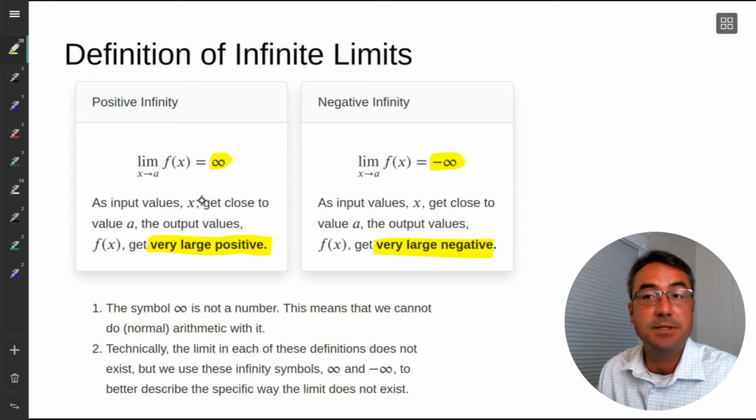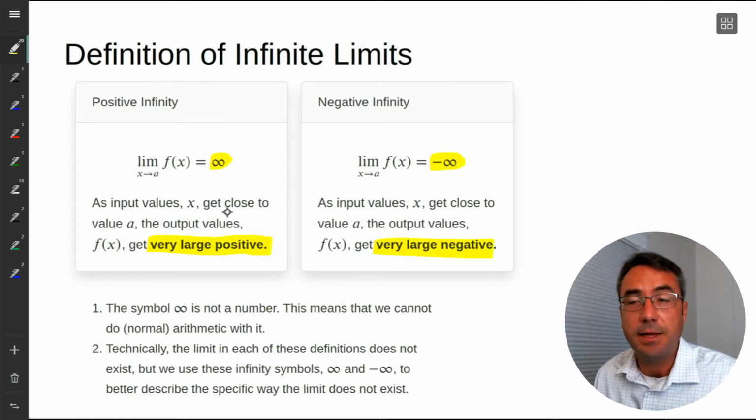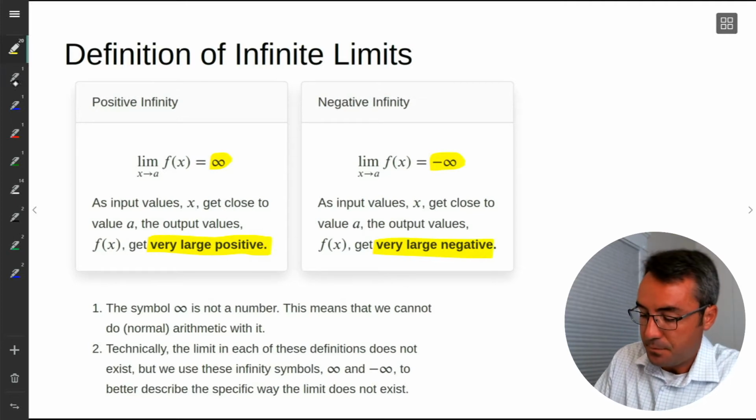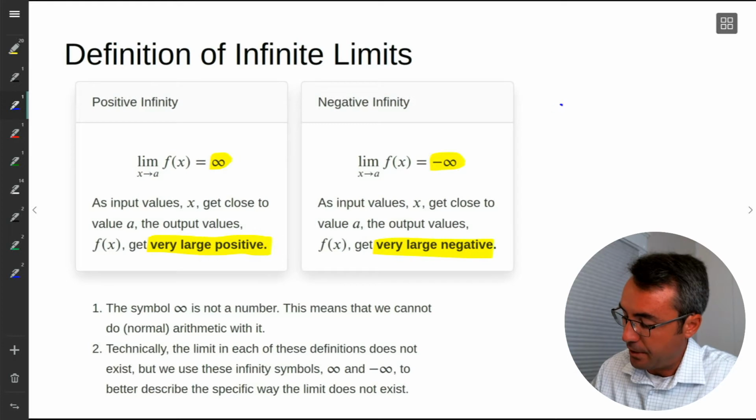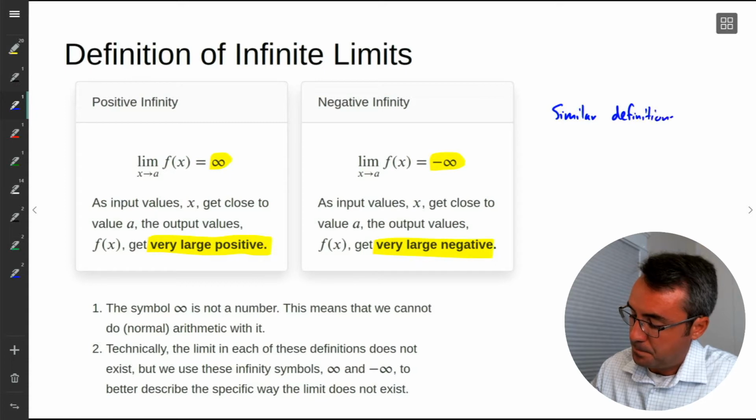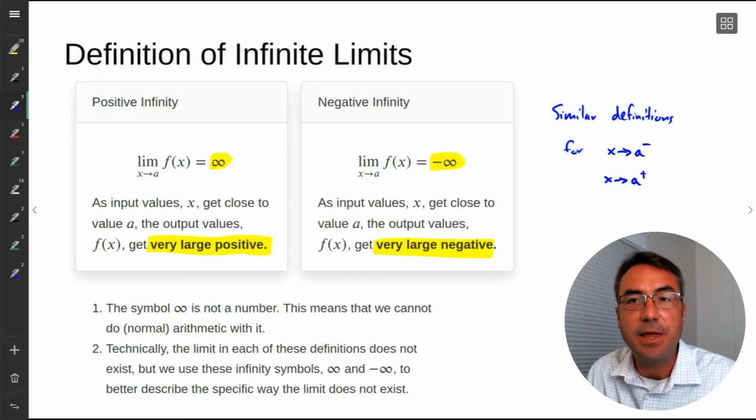They're either getting large positive in the case of infinity or large negative in the case of minus infinity. But there's similar definitions here for left-hand and right-hand limits as well. So just a little note here. Similar definitions for x approaching a from the left and x approaching a from the right. So just to keep that in mind.